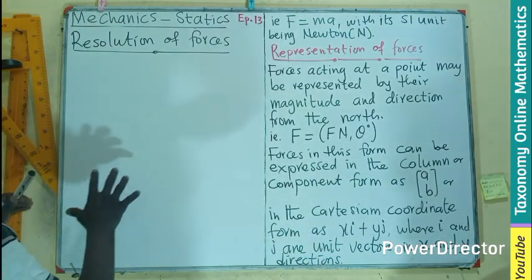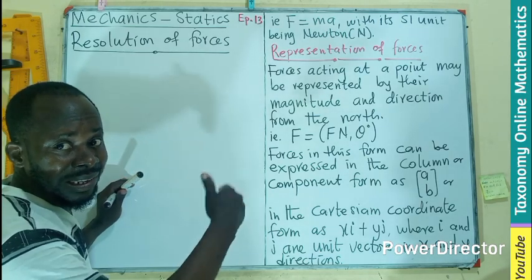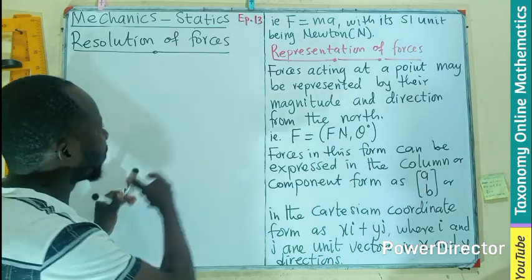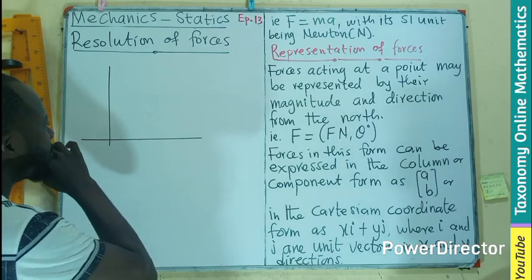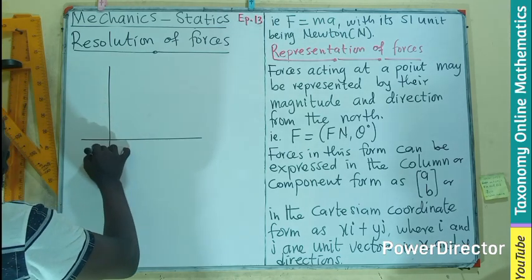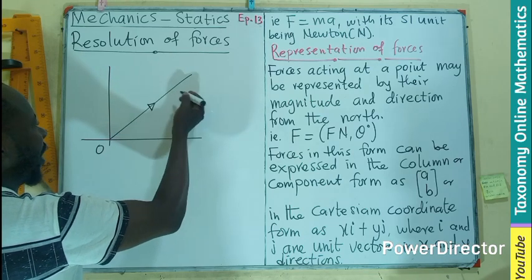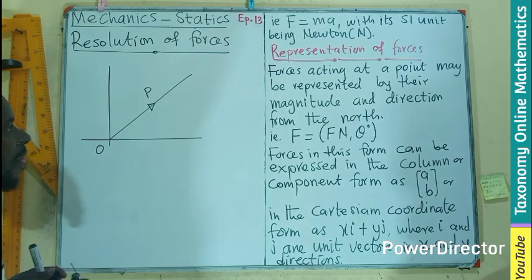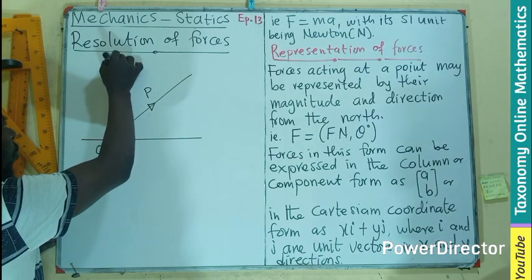Okay, so let's see. If we want to represent this, we know a force has a magnitude and has a direction from the bearing. So let's make a sketch of our Cartesian plane. Let's make the origin a force acting in this direction. Can we use F? Let's just say force P acting in this direction. It is going to have the north pole.